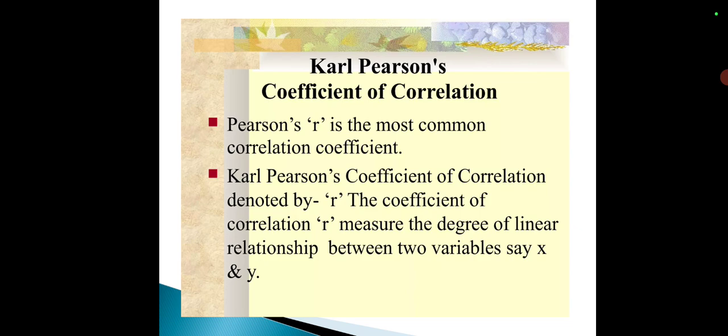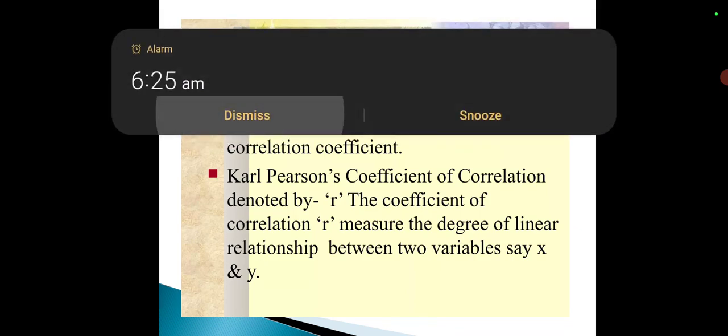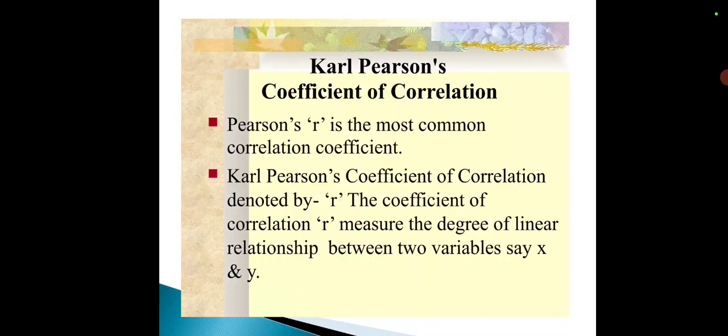The first method is the Karl Pearson coefficient of correlation. Pearson's r is the most common correlation coefficient, denoted by the symbol r. The coefficient of correlation measures the degree of linear relationship between two or more variables, say x and y.